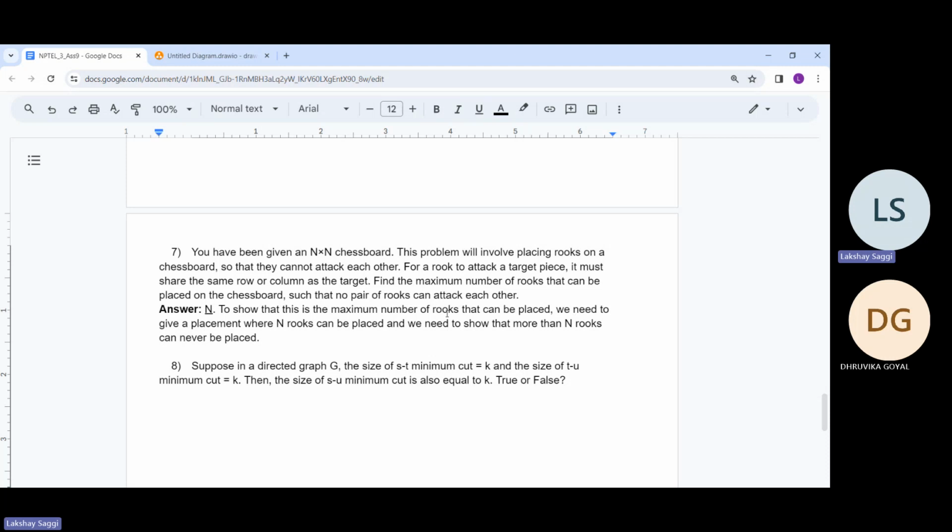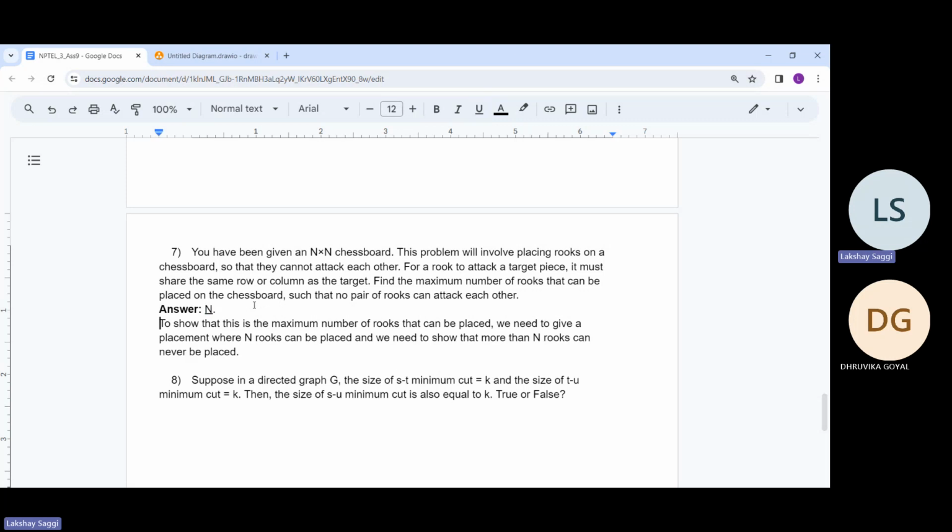So what we need to show is that n rooks can always be placed and more than n can never be placed. That's why the answer is n for us, right? Maybe I will give this proof. So these are the two parts we need to show. First, we need to give a placement where n rooks can be placed. And second, we need to show that more than n rooks can never be placed.